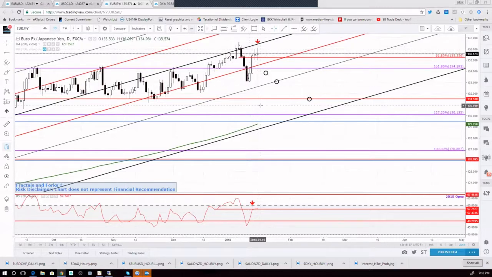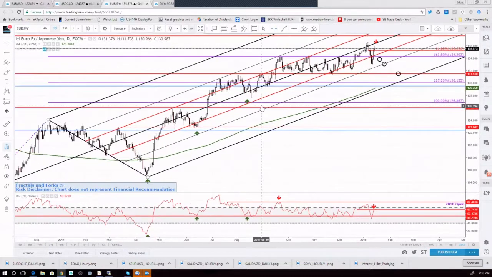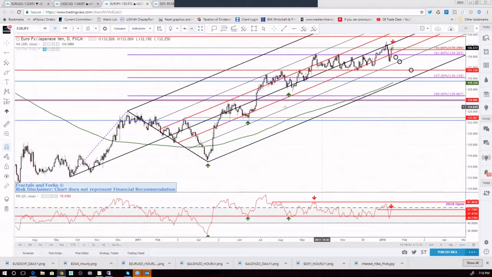Euro Yen also, if I think that Euro still has some upside, this just isn't a trade where you can say it's going to turn back here or not.